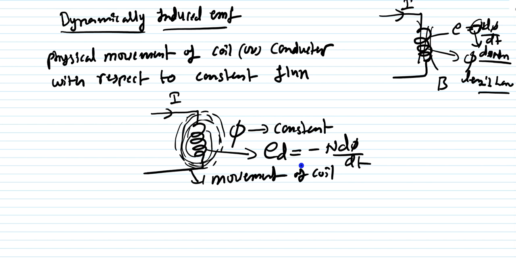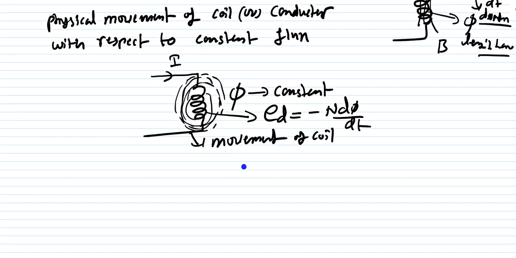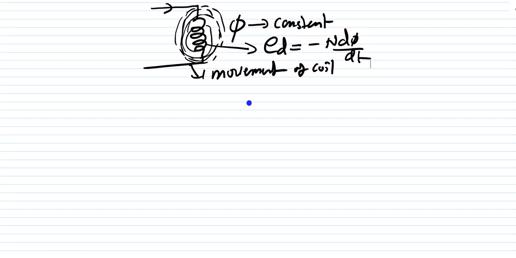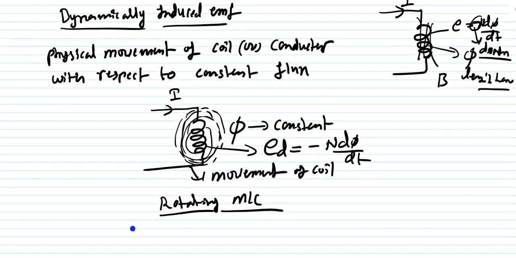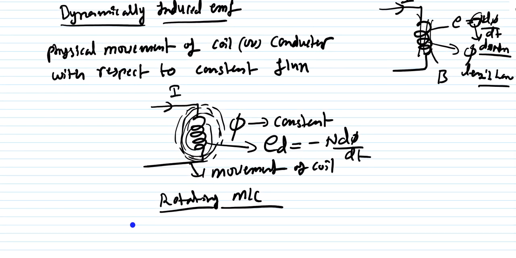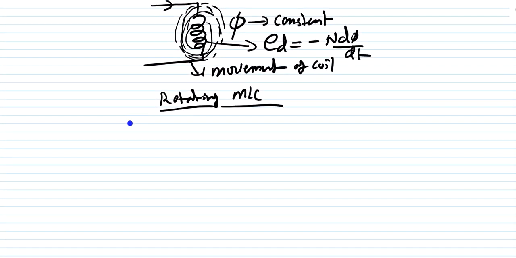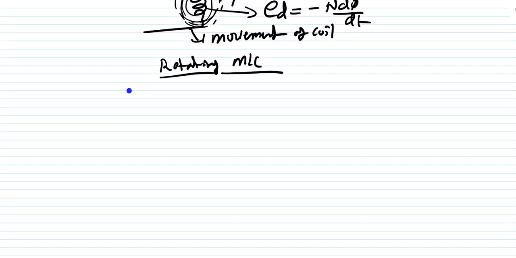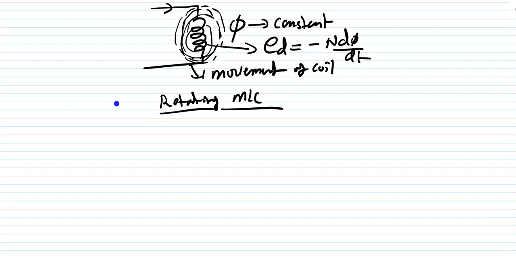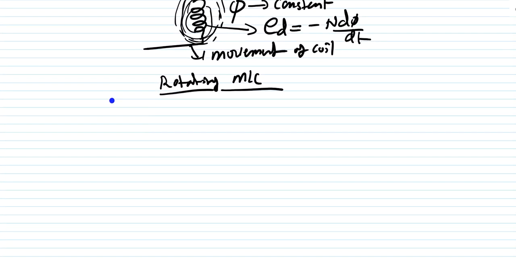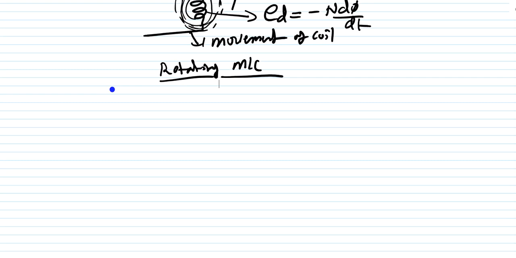This concept will come in rotating machines, where we are going to start the DC machines; there we can discuss dynamically induced EMF in more detail. Dynamically induced EMF means the flux is constant but my conductor or coil is rotating or moving with respect to that magnetic field.